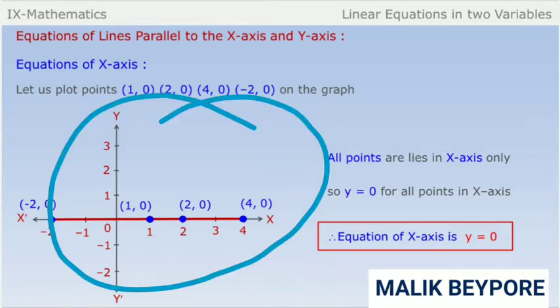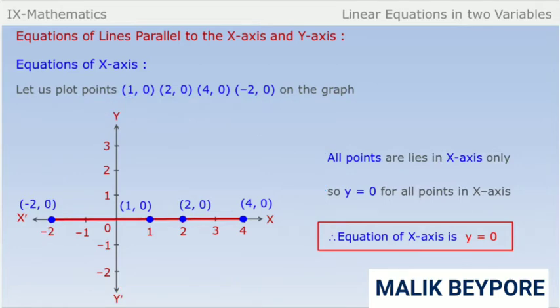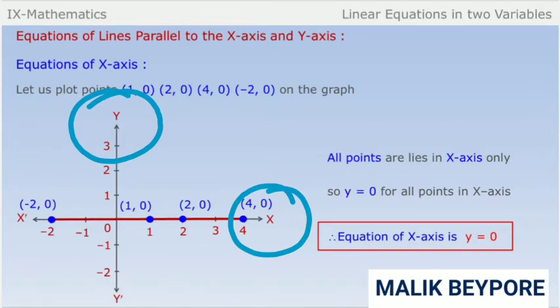You have learned in class 8 what the Cartesian plane or xy plane is. It contains two perpendicular lines that are called axes. One is the x-axis and the other one is the y-axis. See the figure.